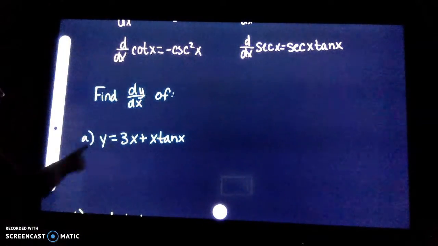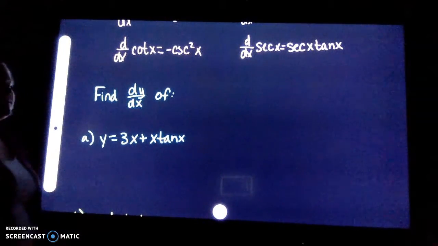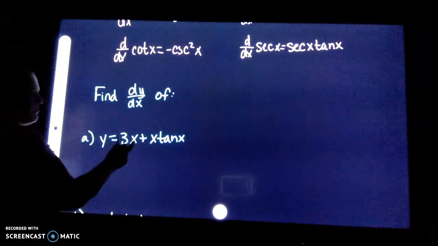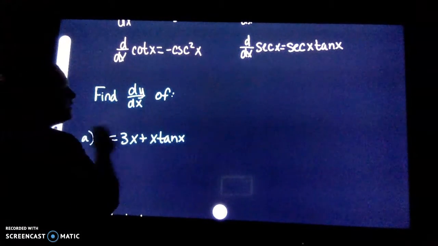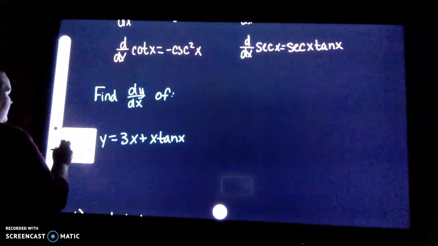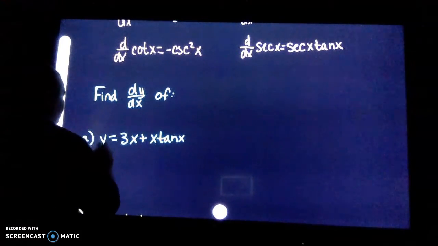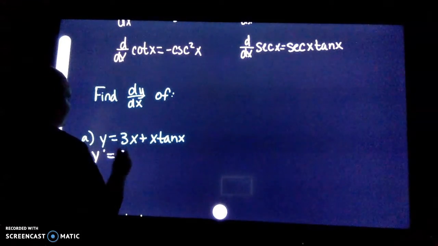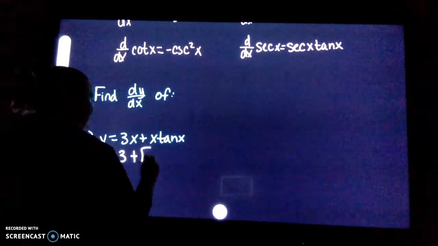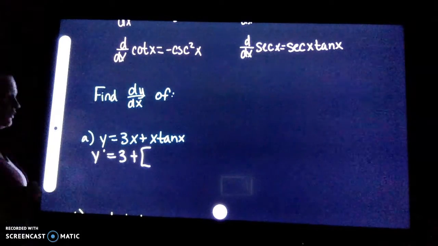The first one I'm looking at here is y equals 3x plus x tangent of x. This part's going to be power rule. This part's going to be product rule. So I start by just taking the derivative of my power rule part. Derivative of 3x is just 3, plus, here's where I'm going to have to do my product rule.